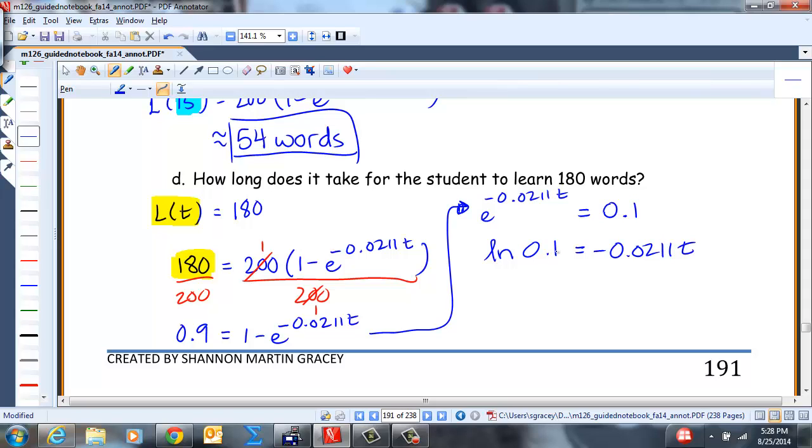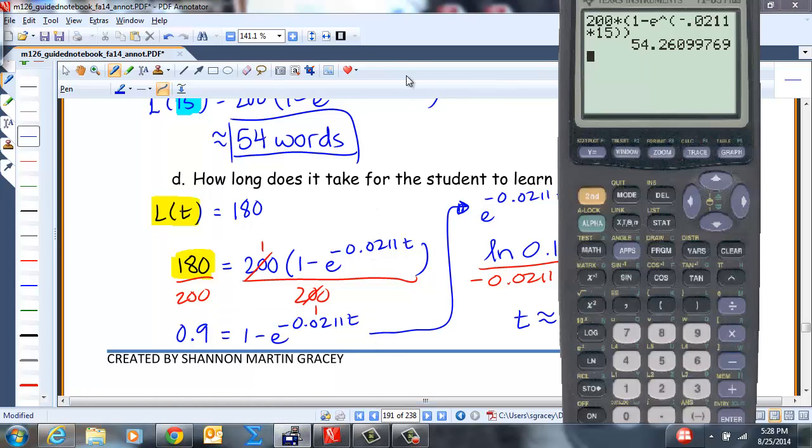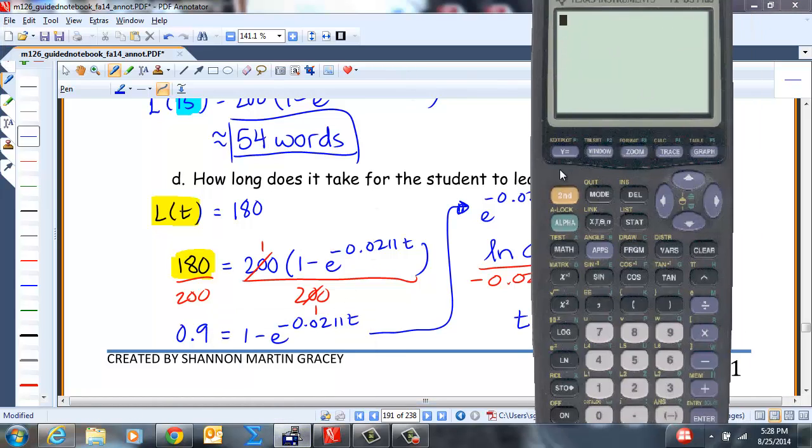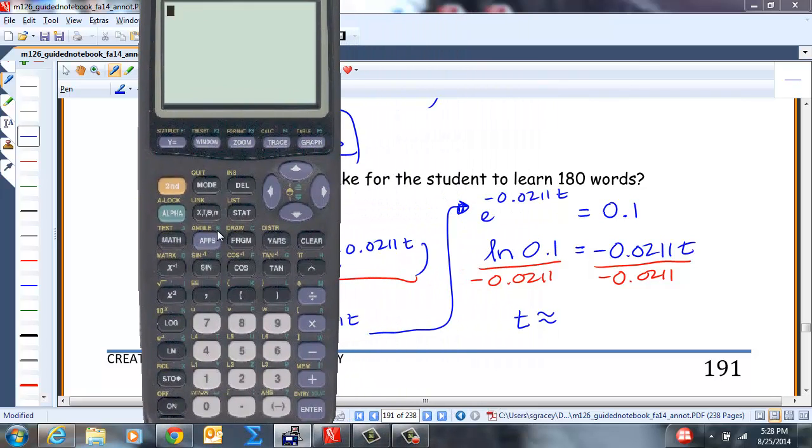So dividing both sides by negative 0.0211, we'll have t is approximately natural log of 0.1, and close the parenthesis before you divide, divided by negative 0.0211.